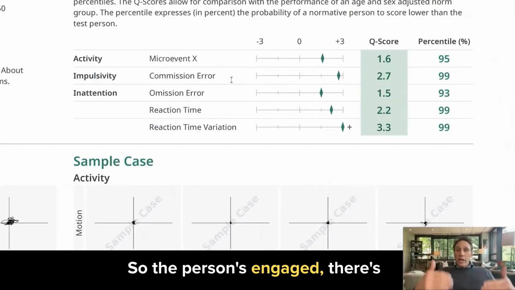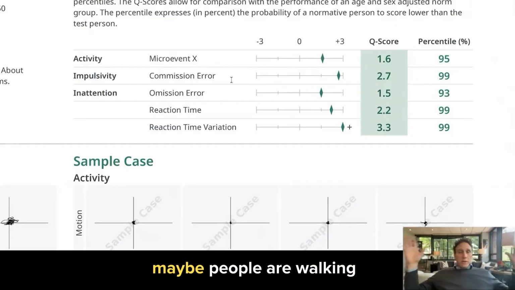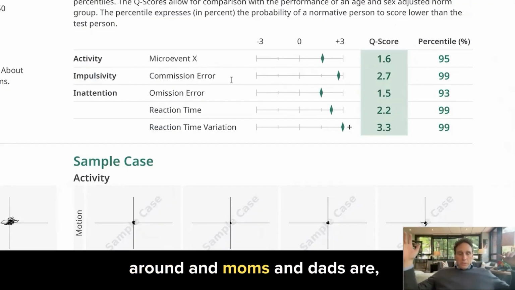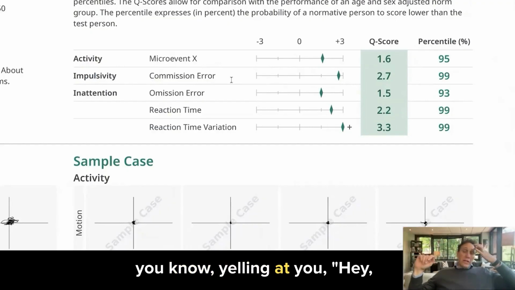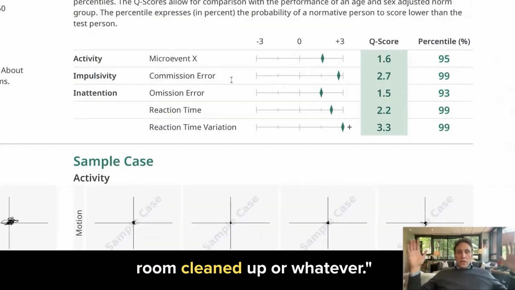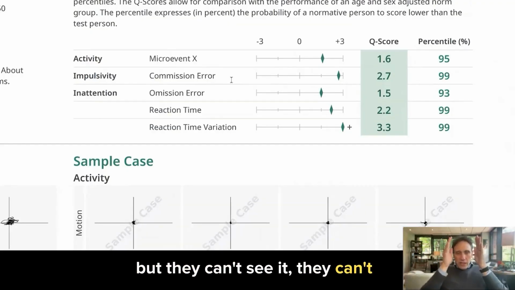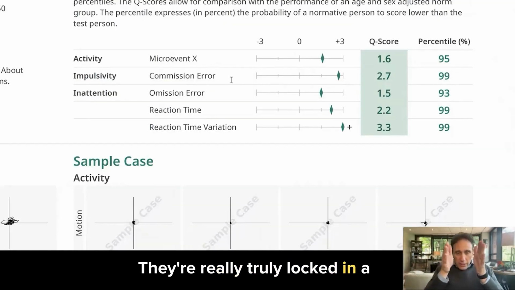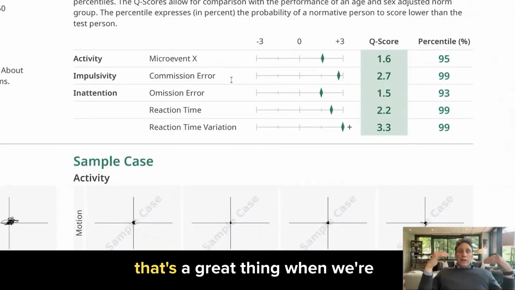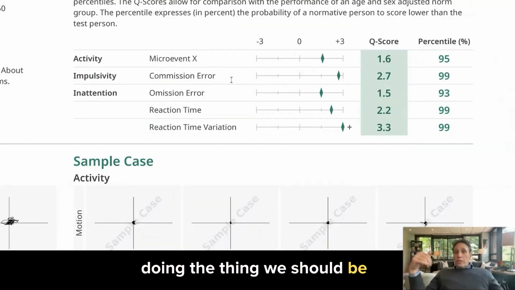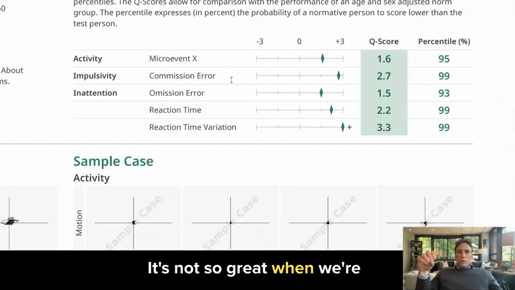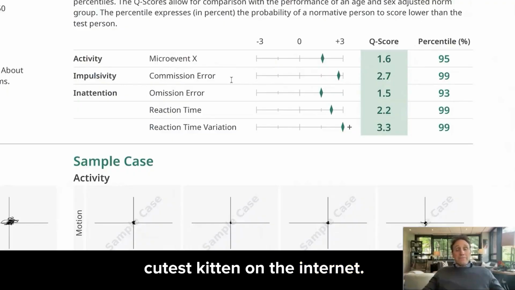So the person's engaged, there's lots of distractions going on. Maybe people are walking around and moms and dads are yelling at you, hey, we need you to get your room cleaned up or whatever, but they can't see it, they can't hear it. They're really, truly locked in a hyper-focused state. That's a great thing when we're doing the thing we should be doing. It's not so great when we're spending 5 hours doom scrolling the internet for the cutest kitten on the internet.